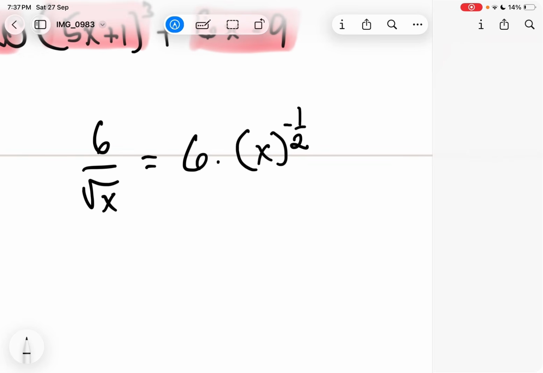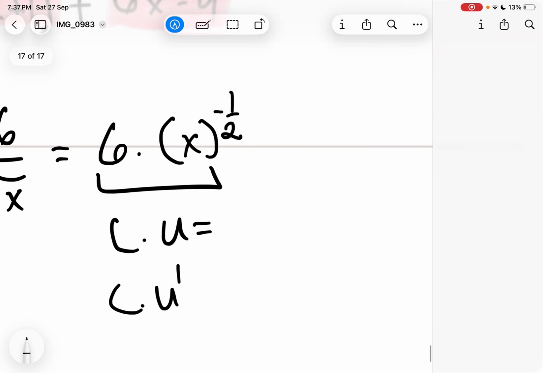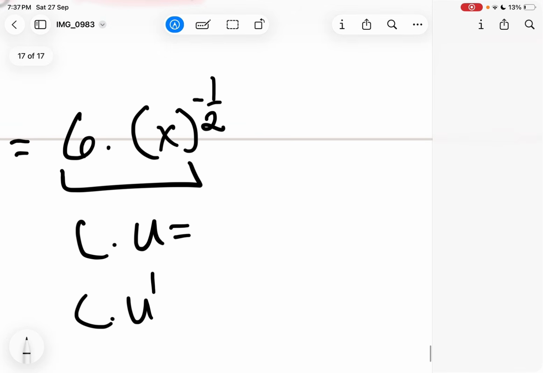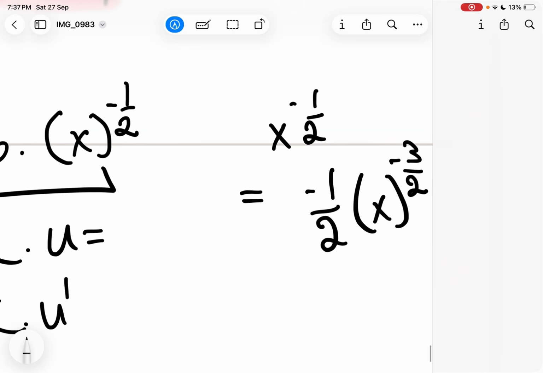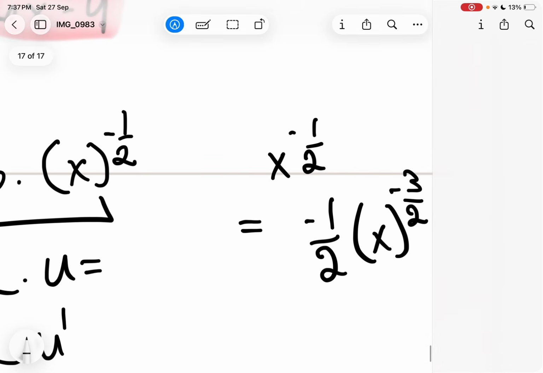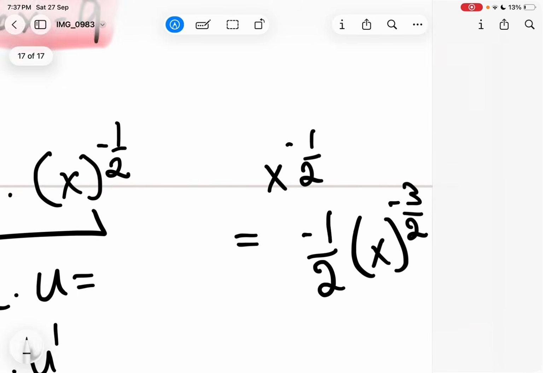And as you can see, this is the formula of c times u, which is equal to c times u prime. And u prime, let's do it. So x to the power of negative 1 over 2 is equal to negative half x to the power of minus 3 over 2, because you derivative as a normal derivative.